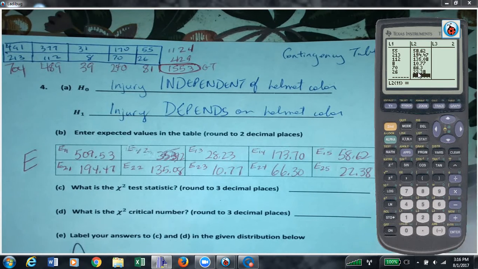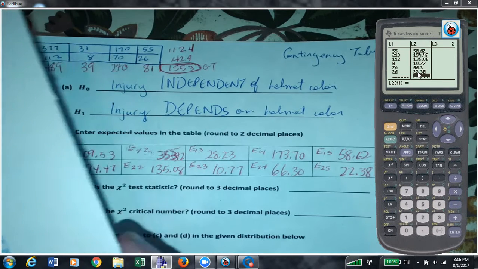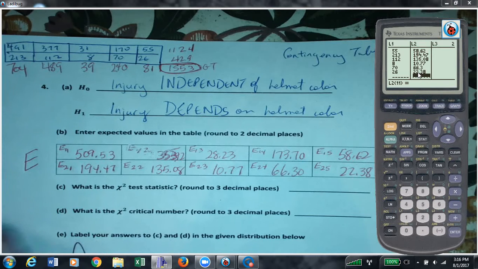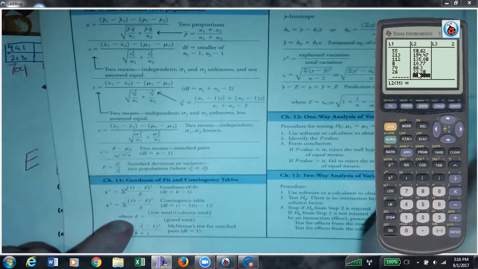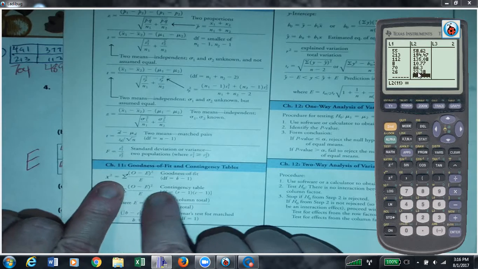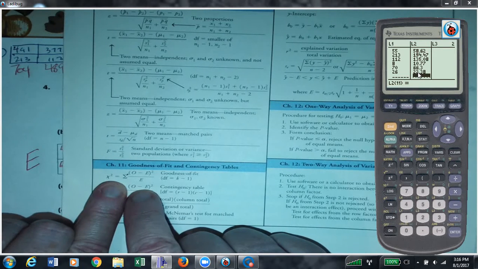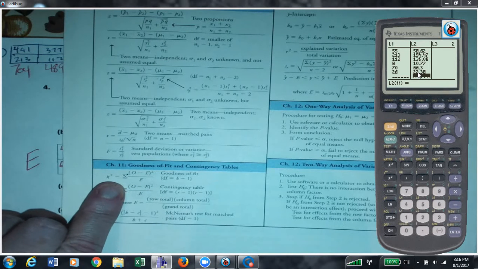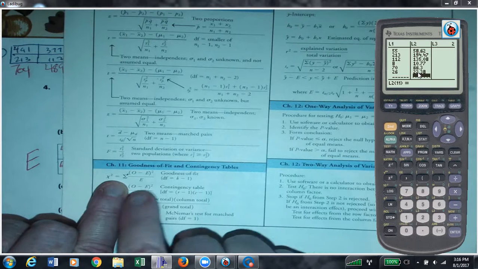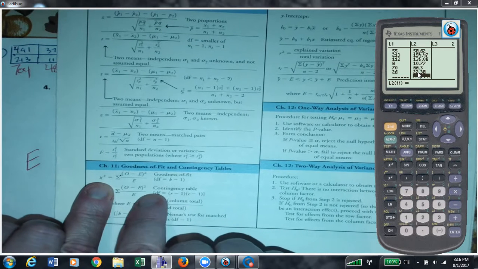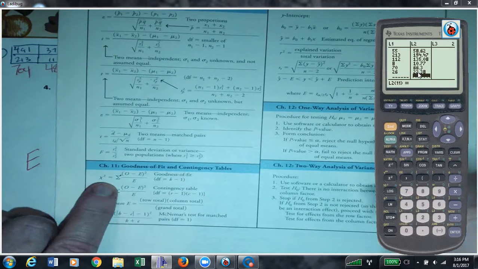Now, what is my test statistic going to be, the chi-squared test statistic? It's going to be the summation of each observed value minus its corresponding expected value squared over its corresponding expected value. So I need to make up a list 3 of all of these separate ones and then add them all up, and that will give me my test statistic.